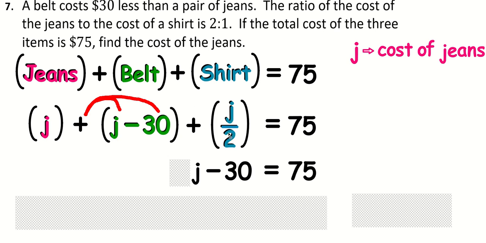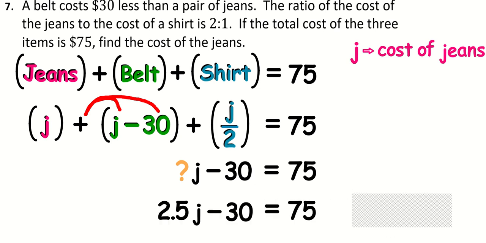essentially 1/2 J. So when we combine all those together, 1J plus 1J plus half J, because you could write this very easily, J over 2, you could think of that as 1/2 times J, like 1/2 J. So we end up with that.